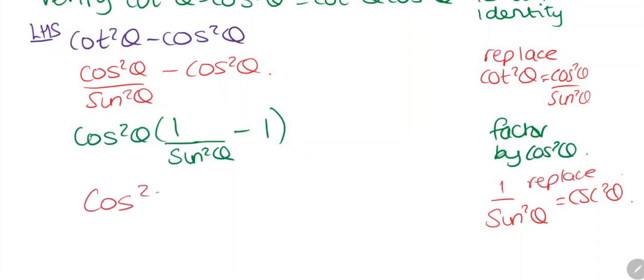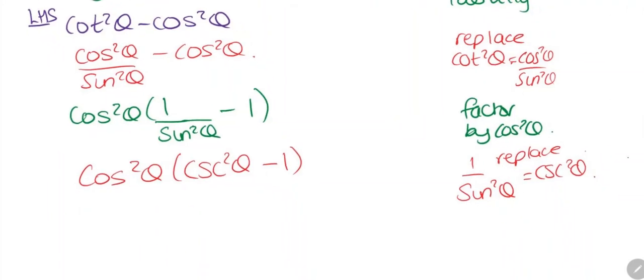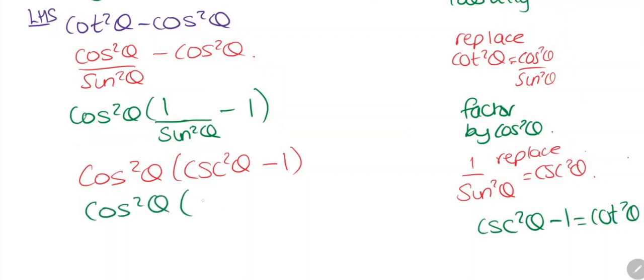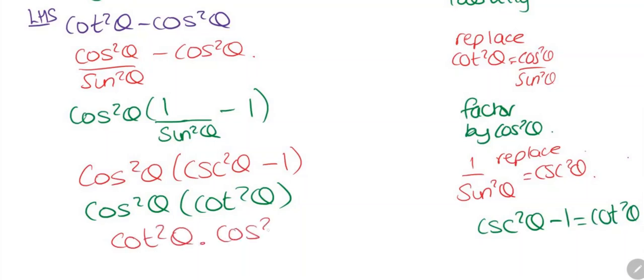So cosine squared theta multiplied by cosecant squared theta minus 1, and also cosecant squared theta minus 1 is equal to cotangent squared theta. So I can replace it with cotangent squared theta, and I'm just going to rewrite this the other way around. So we've got cotangent squared theta multiplied by cos squared theta.